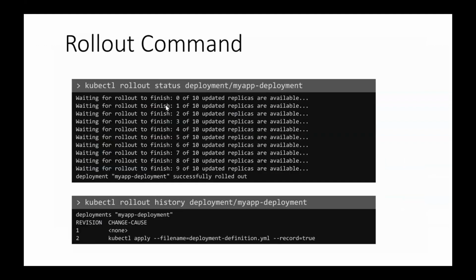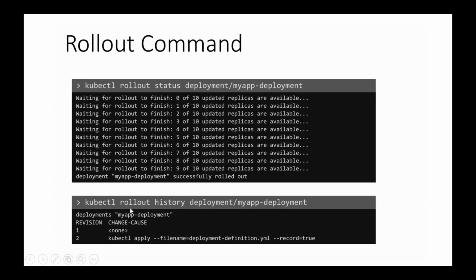Let me go again. If you type kubectl rollout status and the deployment name, it will show you the status of the deployment, like how many replicas are available and how many replicas are still not created. Once this is done, you will get a success message printed out.